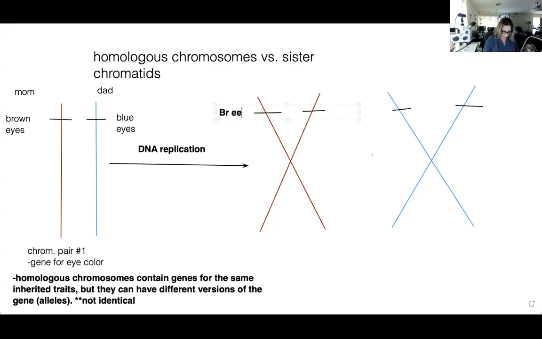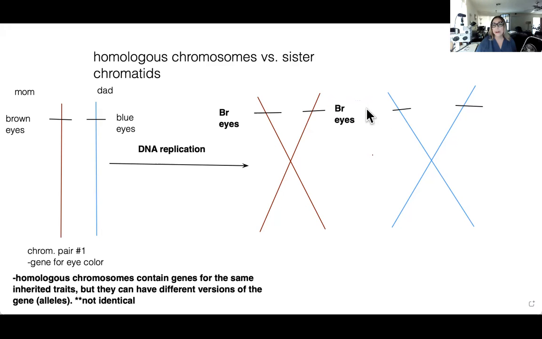I'm going to just abbreviate it as BR. Okay, we've got brown eyes and brown eyes, right? Because they're identical. They were exact copies of each other and they formed during DNA replication.